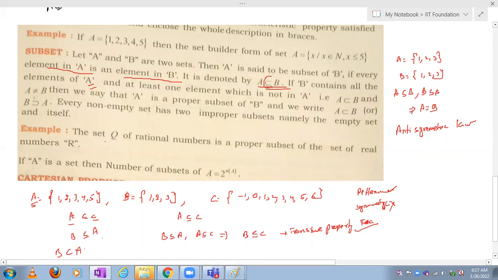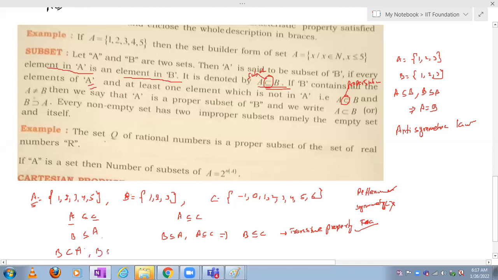See here, this is subset symbol. This is proper subset symbol. Means there is at least one element in A which does not belong to B, that is called proper subset.